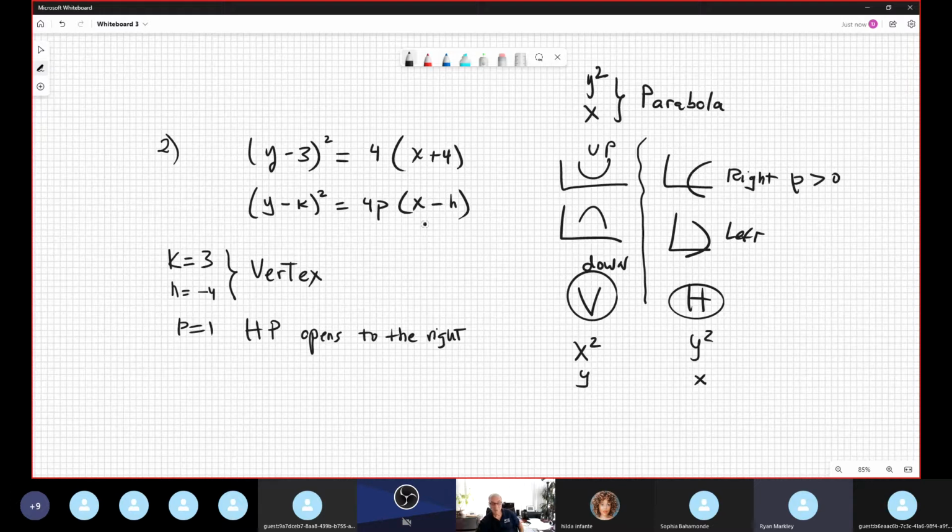The point where our parabola opens from is (-4, 3), that is (h, k), and it opens in that direction.